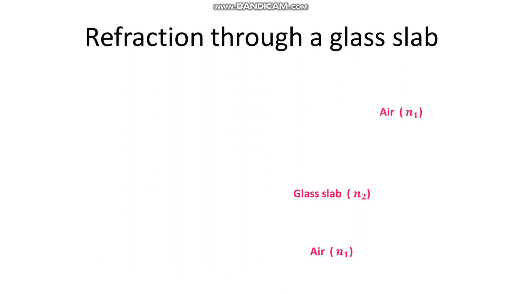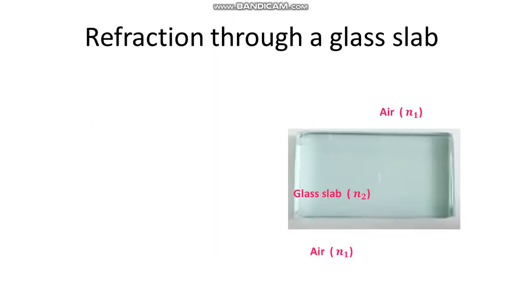So now next you are going to study refraction through a glass slab. When light passes through a glass slab, in what manner the refraction takes place, that you are going to study here. So this glass slab is surrounded by air. Air's refractive index is N1, the glass slab's refractive index is N2. Now the light travels from rarer medium to denser medium.